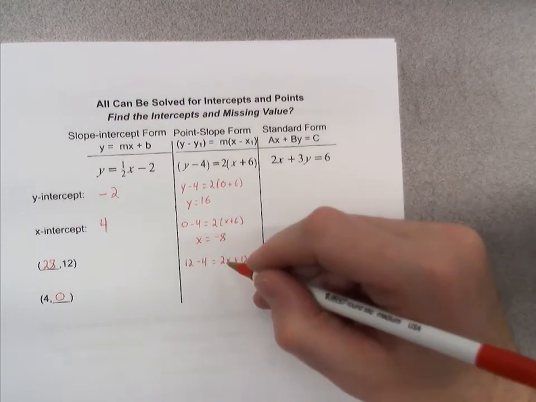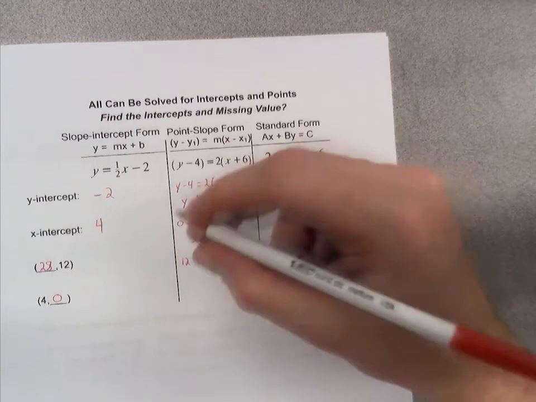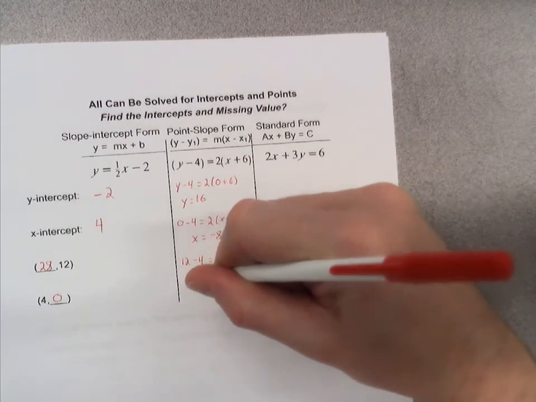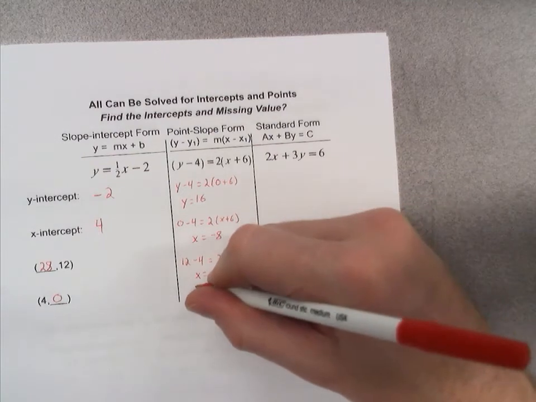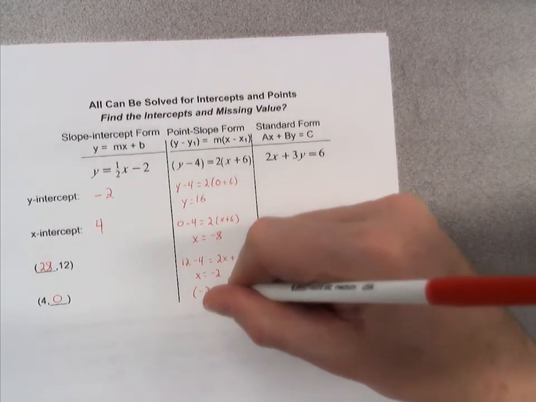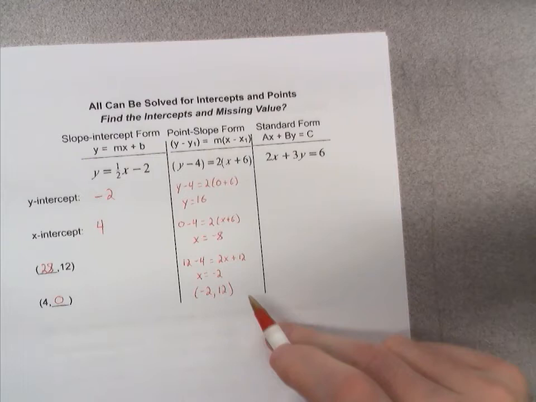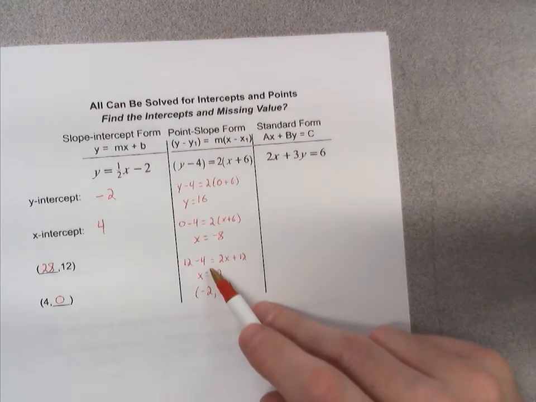Then we solve for that, and we find that x in this case is negative 2. Therefore, our coordinate is negative 2 and 12.